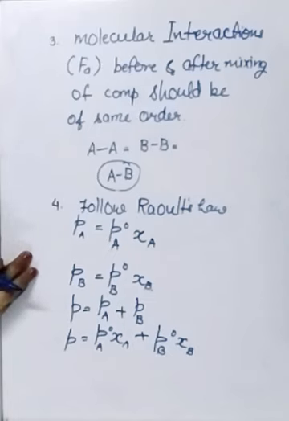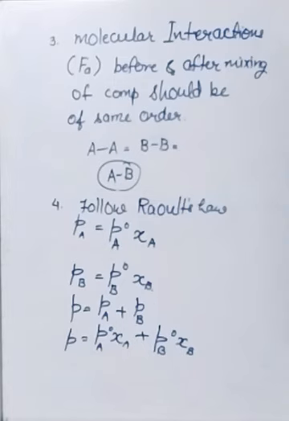That means there should be no change in enthalpy after mixing of components, no change in volume after mixing, no change in force of attraction between the particles, which should be of the same order, and they must follow Raoult's law. If these four characteristics are there, then such solutions are ideal solutions.